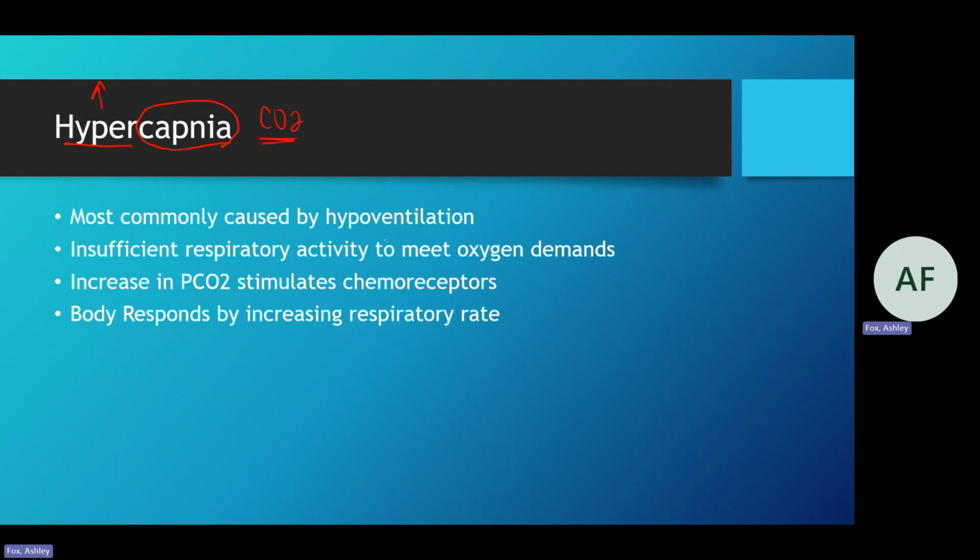And most often, having too much carbon dioxide, for whatever reason, is caused by hypoventilation. So we talked about pulmonary ventilation, breathing. And hypo means low. So this is a low rate of breathing. So the same thing, we tend to get hypercapnia, or high carbon dioxide, because we're not breathing fast enough.